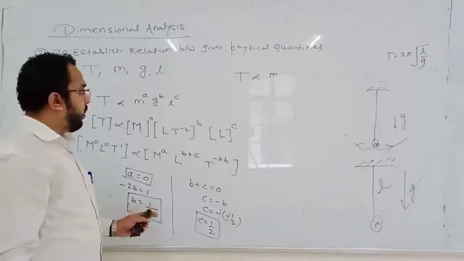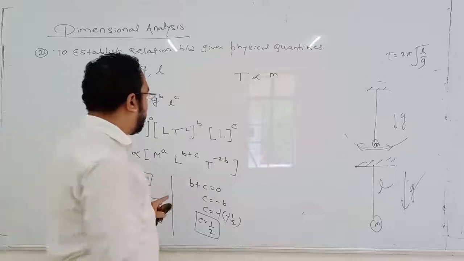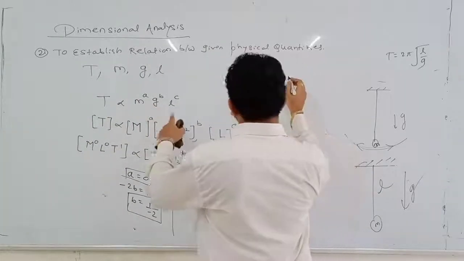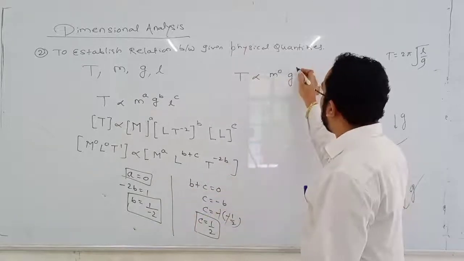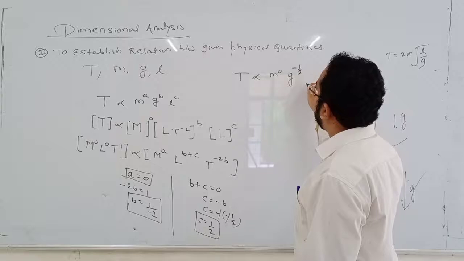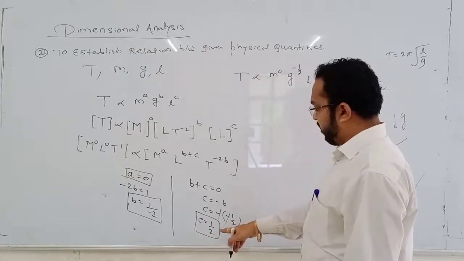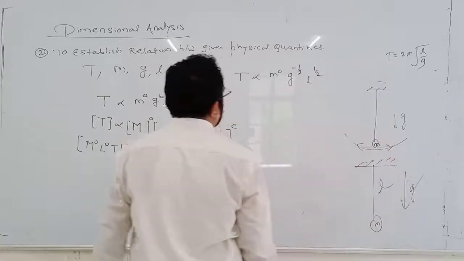So now substitute the values. What is the value of A? 0. So m to the power 0. Then g to the power b. What is the value of b? Minus half. Then L to the power c. C value is half. L to the power half.